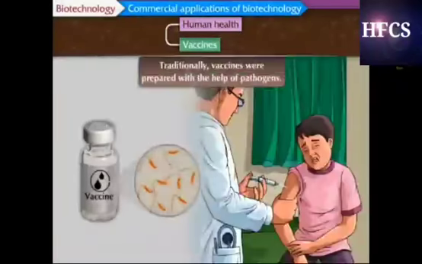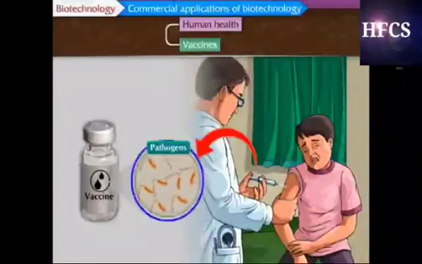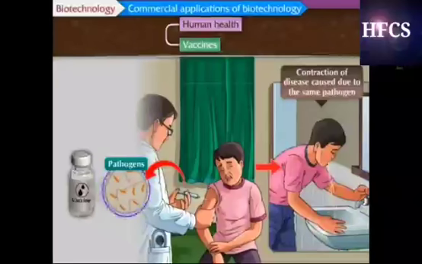Traditionally, vaccines were prepared with the help of pathogens. Completely or partially killed pathogens were used as vaccine. However, due to this, there were chances of contracting the disease in case of some persons.